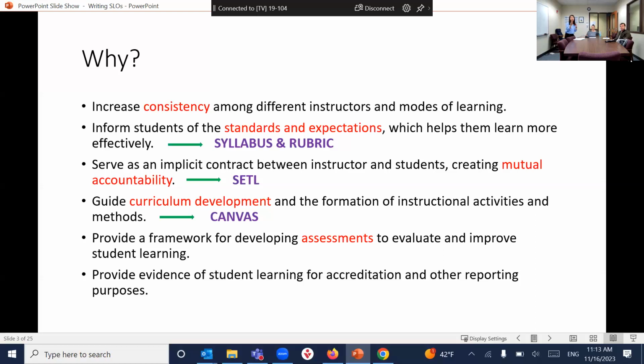As you know, at the end of the course we will administer the course evaluation survey, which is a student evaluation of teaching and learning. In that survey, we include a section on course learning outcomes, meaning your students will be asked how they perceive their learning of the course learning outcomes.